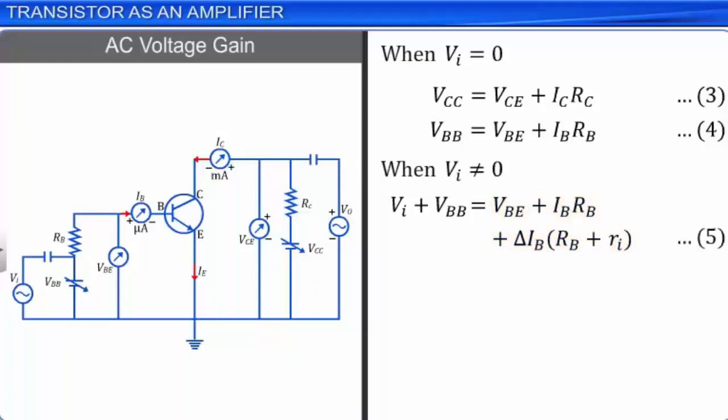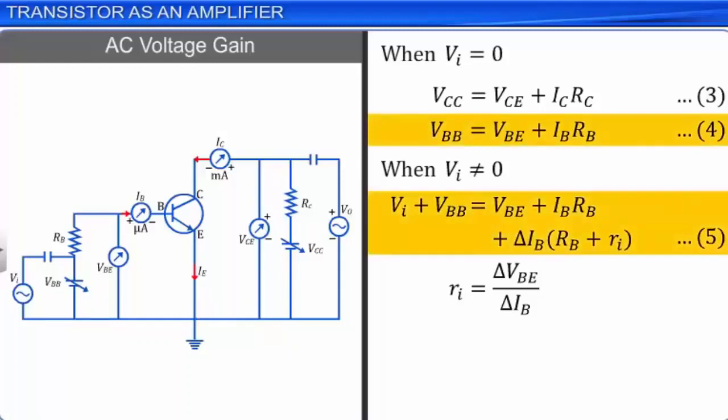From equations 4 and 5, we can write the input voltage Vi is equal to delta IB into RB plus Ri. The input voltage Vi can be written as Vi is equal to delta IB into R. Let this be equation 6, where R is equal to RB plus Ri.